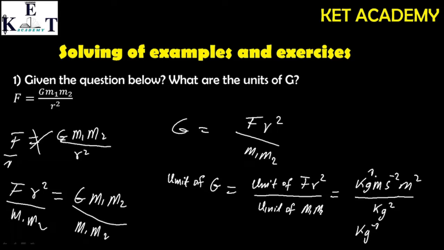So we have 1 minus 2 here, which will give us minus 1. Mass here is raised to the power 1 and mass is raised to the power 2. It boils down to the law of indices, which states that multiplying two indices of the same base, we simply add the power. So it will be meters cubed per kilogram per second squared. So basically these are the units of our constant G, the gravitational constant.